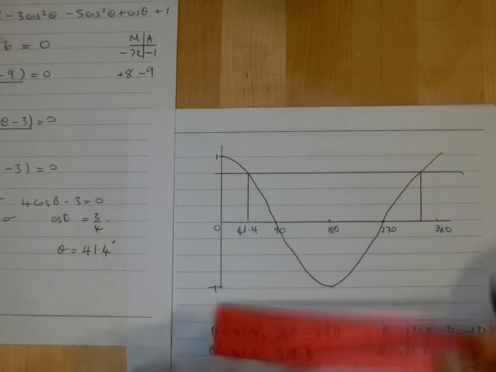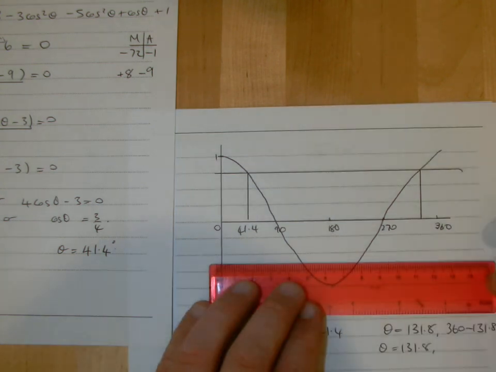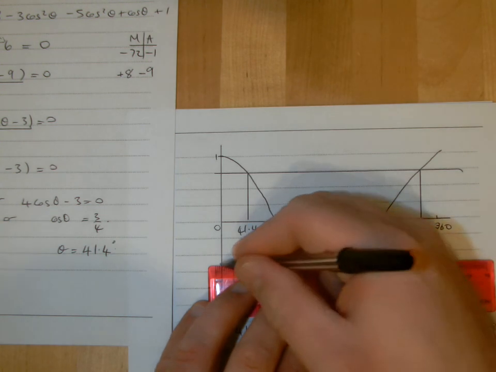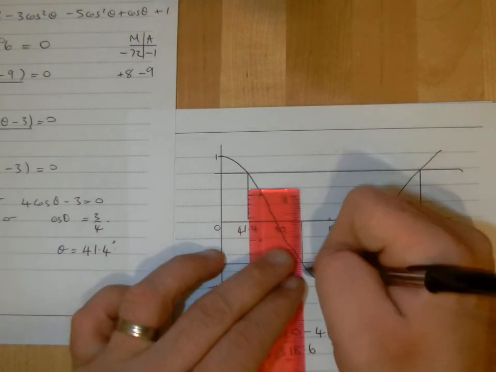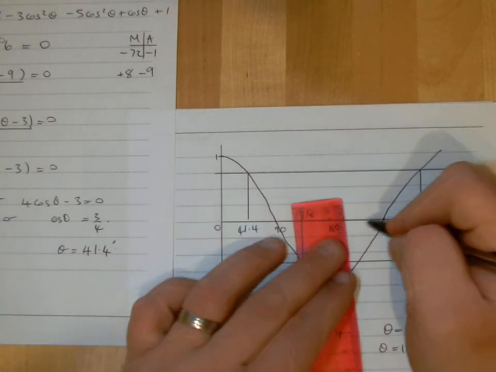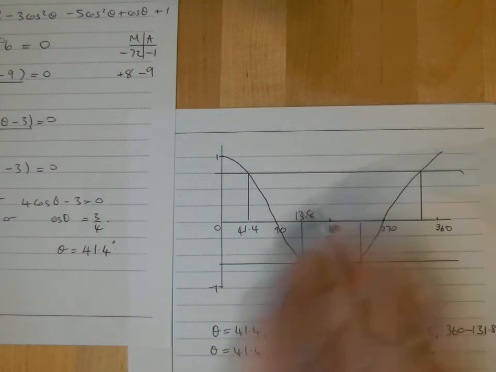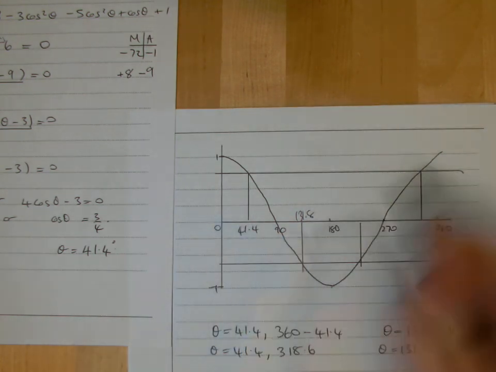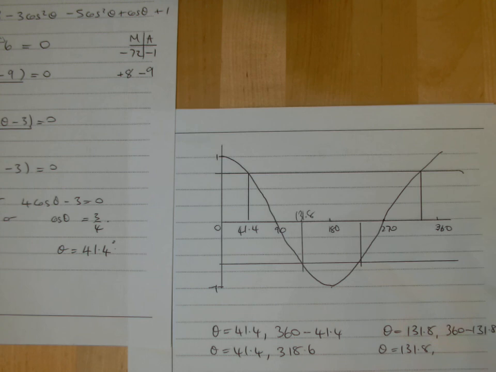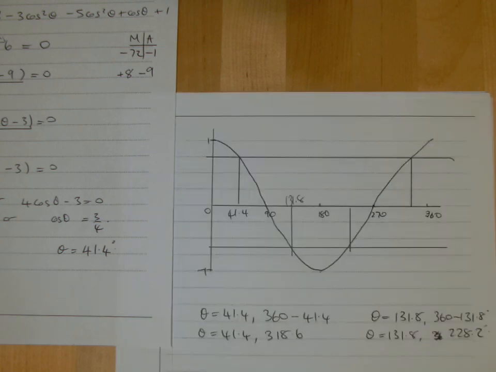I can show you that there: 131.8, and that one there, you can see the symmetry, sloping down there, 131.8, sloping down there. So take it away, and what will that be? I get 228.2 degrees.